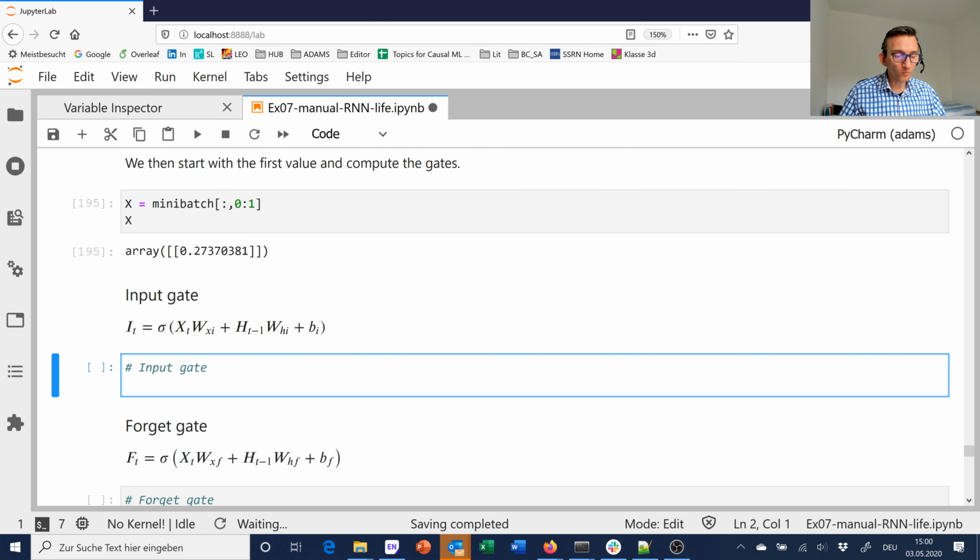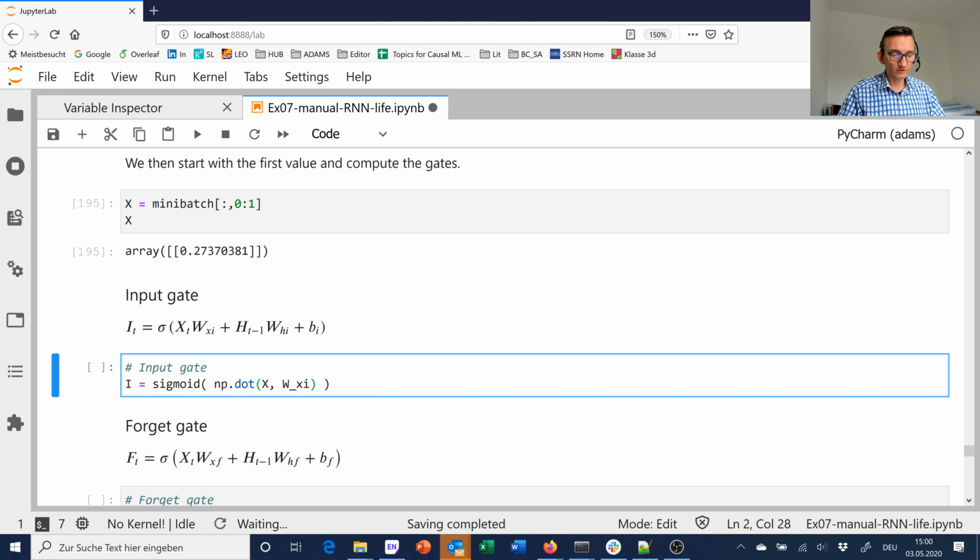And now, well, let's implement these equations. It's not so difficult. We have a sigmoid function. That's the sigma. And therein we see some dot product. So we need the dot product, right? And we have X by the corresponding weight matrix, which is WXI.